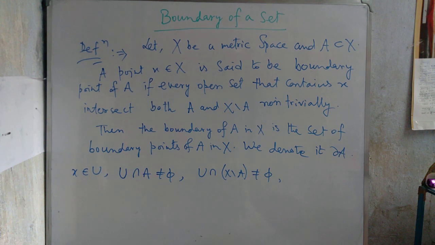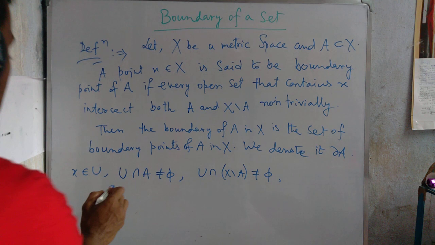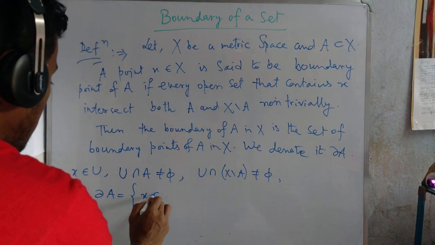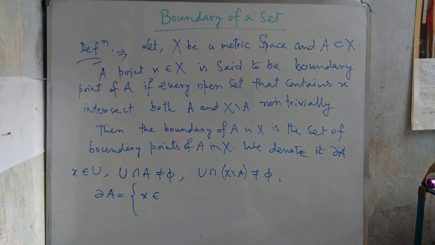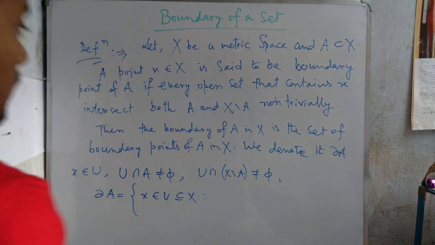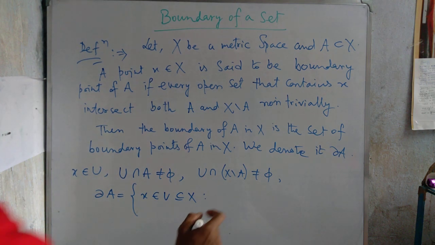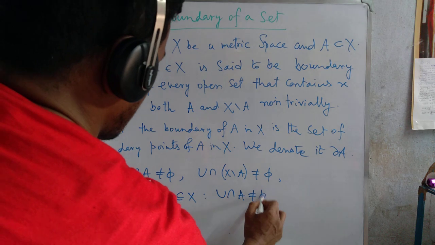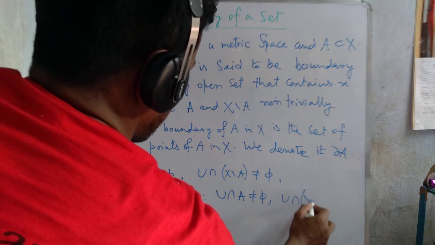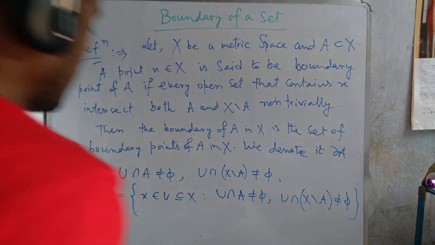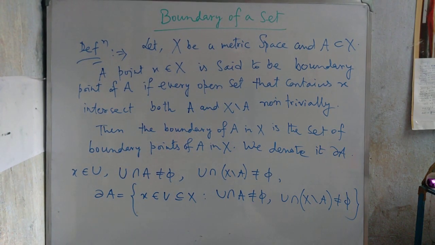So del A is equal to those x belonging to U, a subset of X, such that U intersection A not equal to phi and U intersection X difference A not equal to phi. We write it in this way.